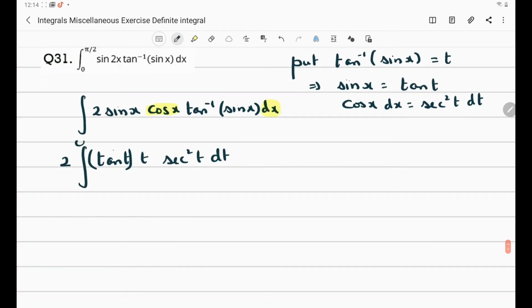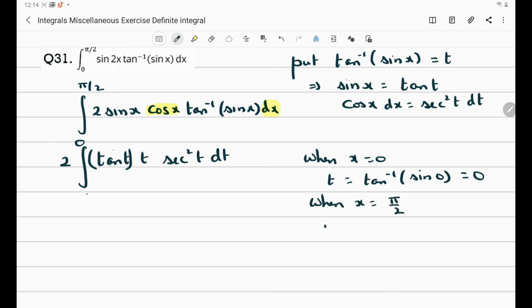Here we have 0 to pi by 2, and now when the limits are changed, so we get when x is equal to 0, the value of t equal to tan inverse of sin 0, that's equal to 0, and when x is equal to pi by 2, t equal to tan inverse of sin pi by 2, that is tan inverse of 1, which is equal to pi by 4. So the lower limit is 0 and upper limit becomes pi by 4.